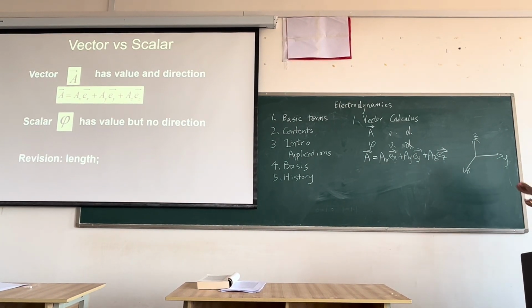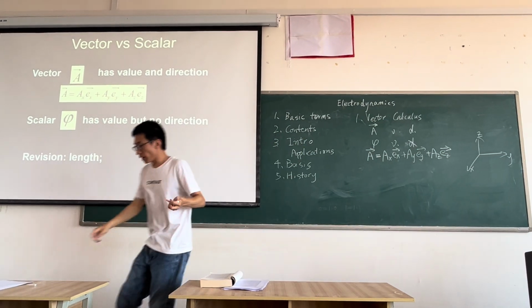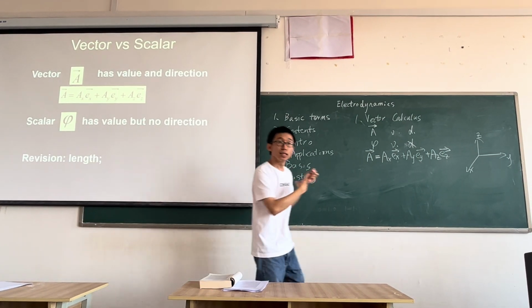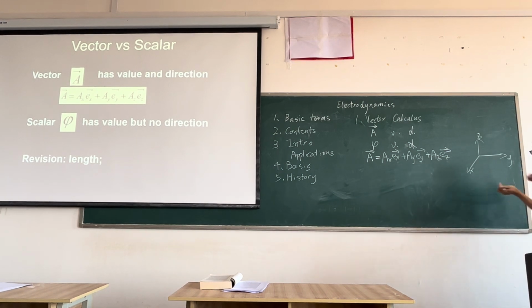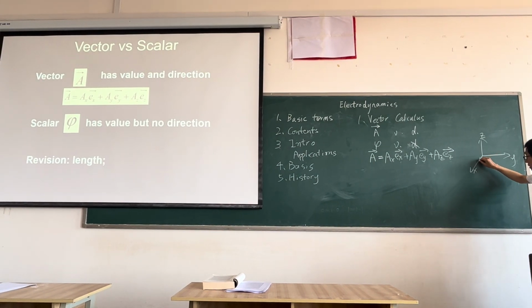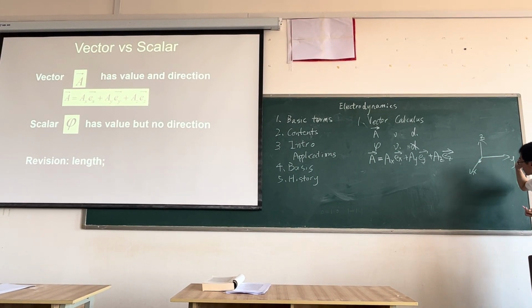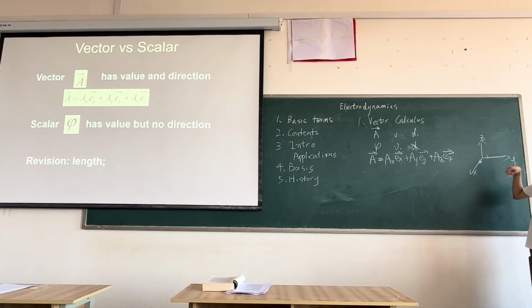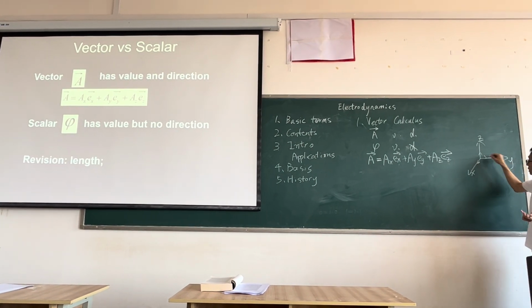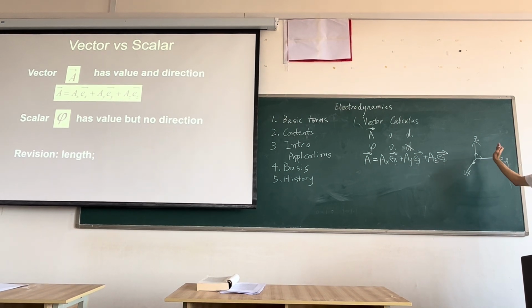We can use it to signify the space we live in. EX is a unit vector in the direction of X, EY is a unit vector in the direction of Y, and EZ is the same in the direction of Z.